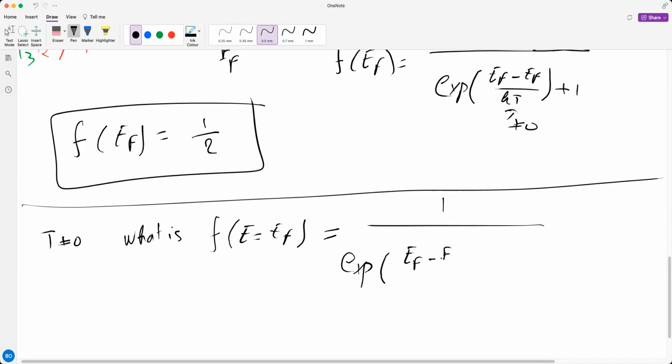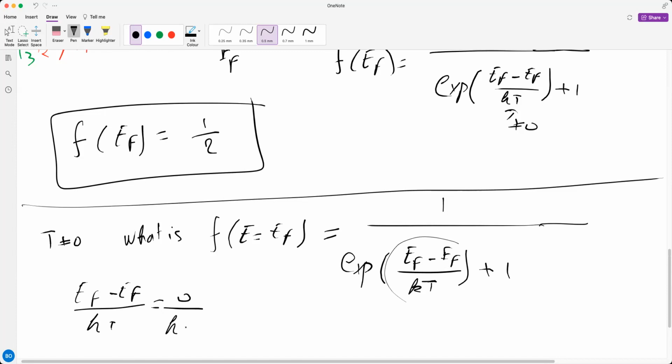So EF minus EF divided by KT, plus 1. Now, what is this? This is EF minus EF divided by KT, so this is 0 divided by KT. I know that KT is not 0, because the temperature is not 0. So this quantity is equal to 0, and the exponential of 0 is 1. So this gives you 1/2. So the probability of occupation of the Fermi level is 1/2.